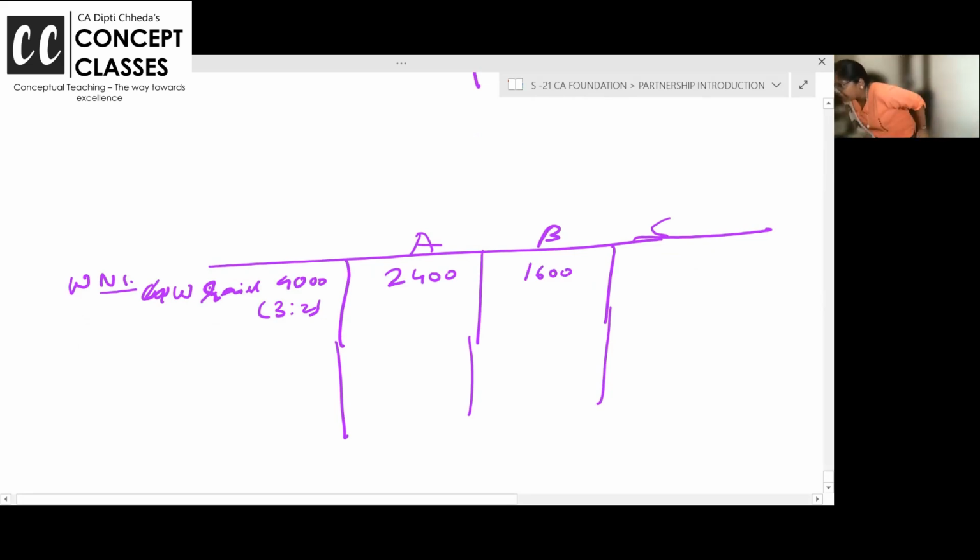Raise the goodwill in old ratio. One second. Raise the goodwill in old ratio, write off in new ratio.